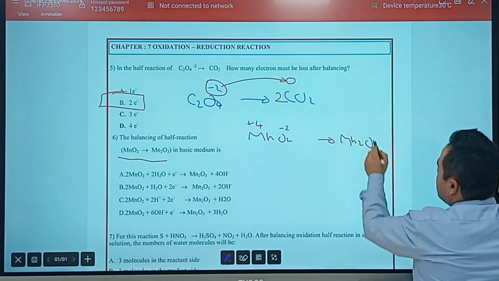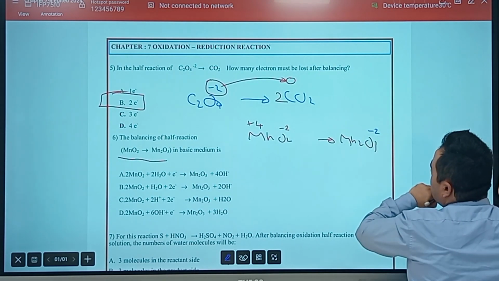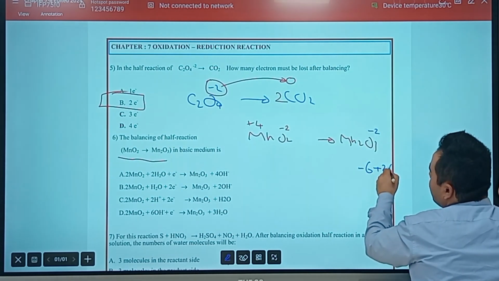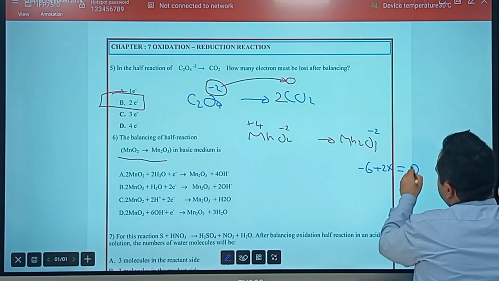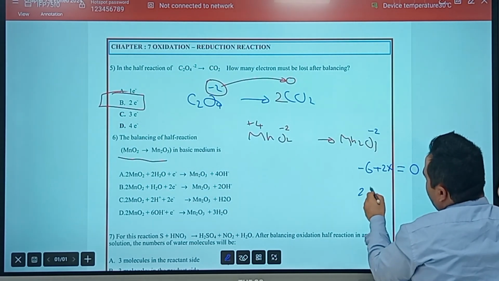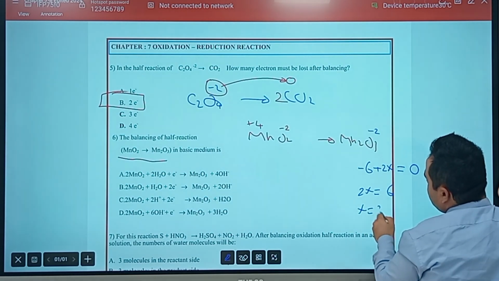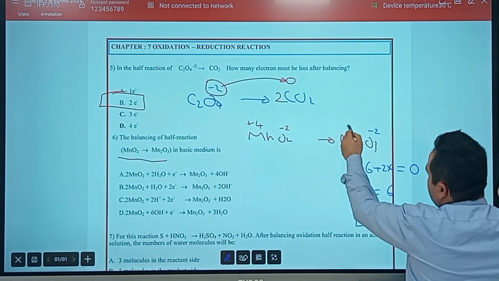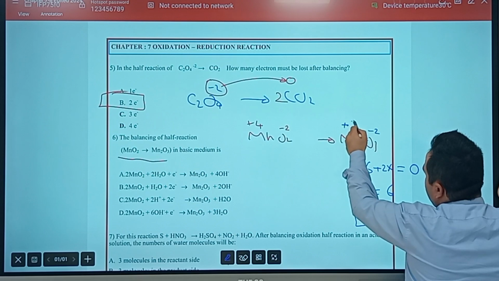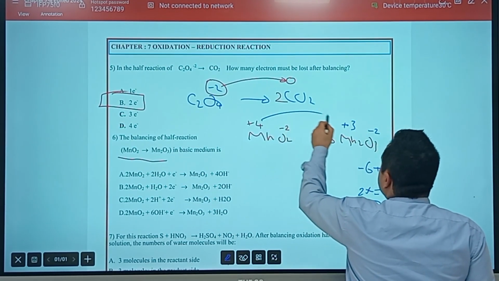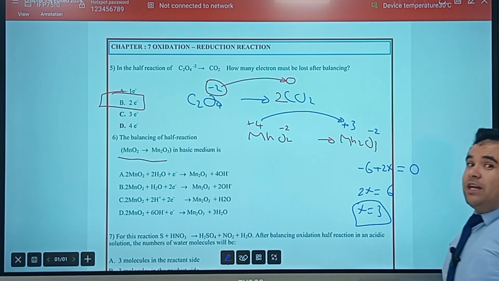How about the other? It will be -6 plus 2x becomes 0. 2x equals 6, x is equal to 3. Here the oxidation number of Mn is 3. The Mn goes from 4 to 3, that means it's reduction.